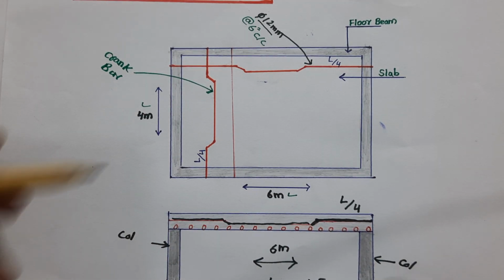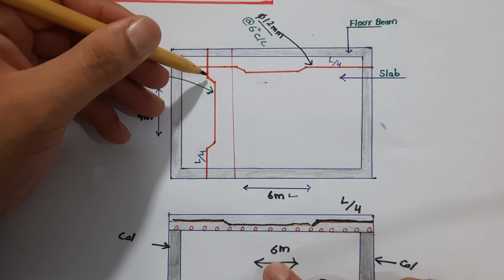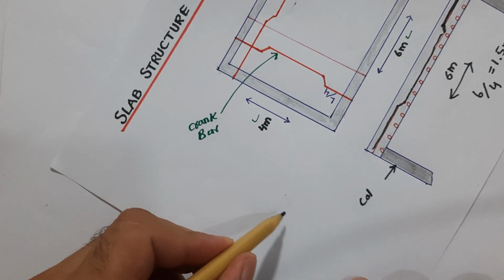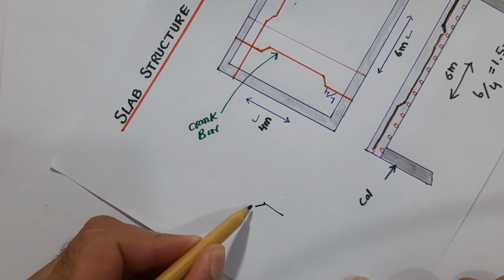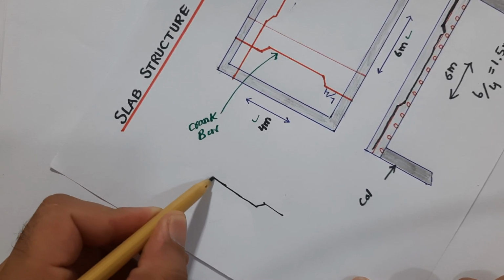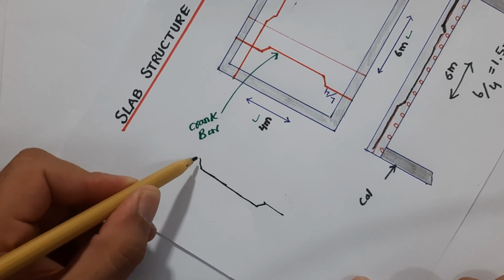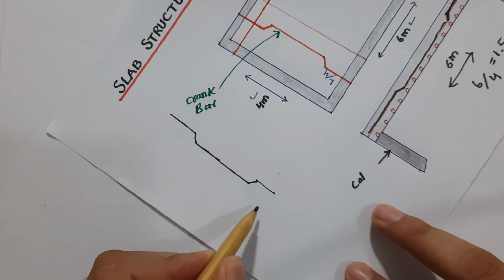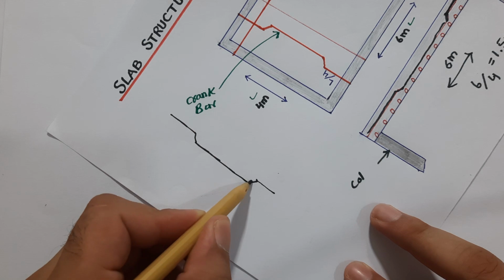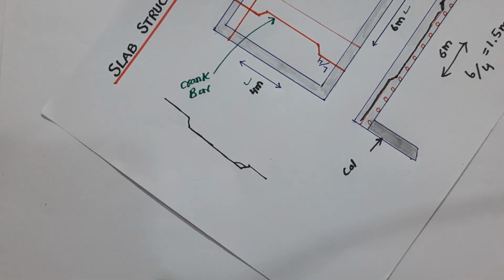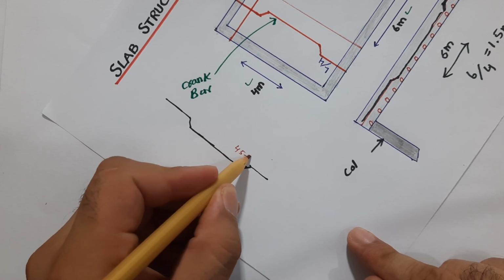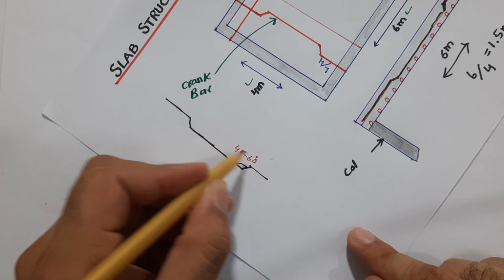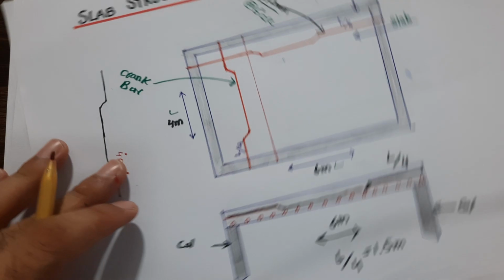If I create the section here, it should be same like this, and you can keep this angle at 45 to 60 degree. This is the crank bar.